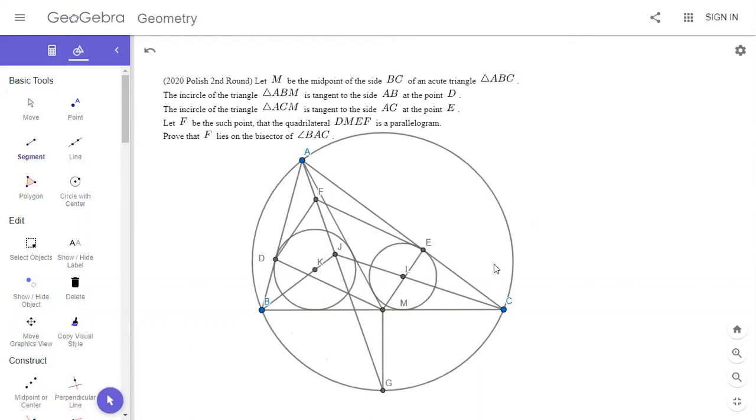Yeah, we haven't used that D and E are the points of tangency. But basically BD is half of AB plus BM minus AM.